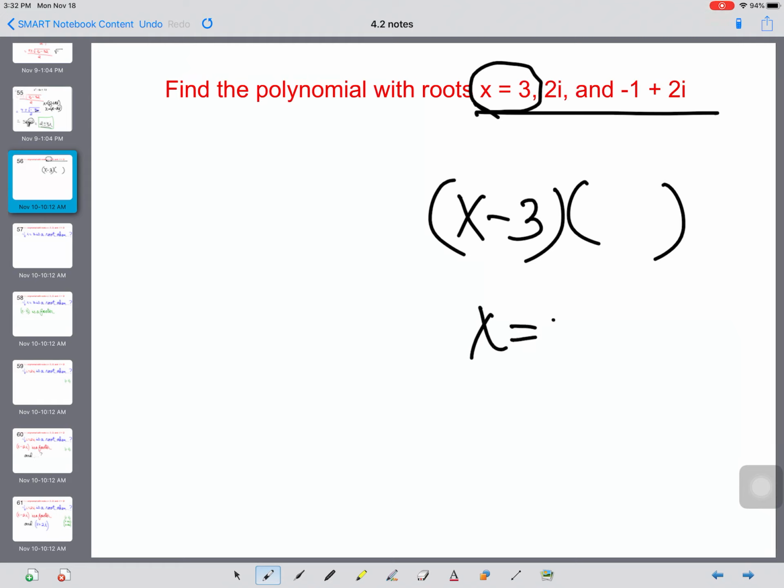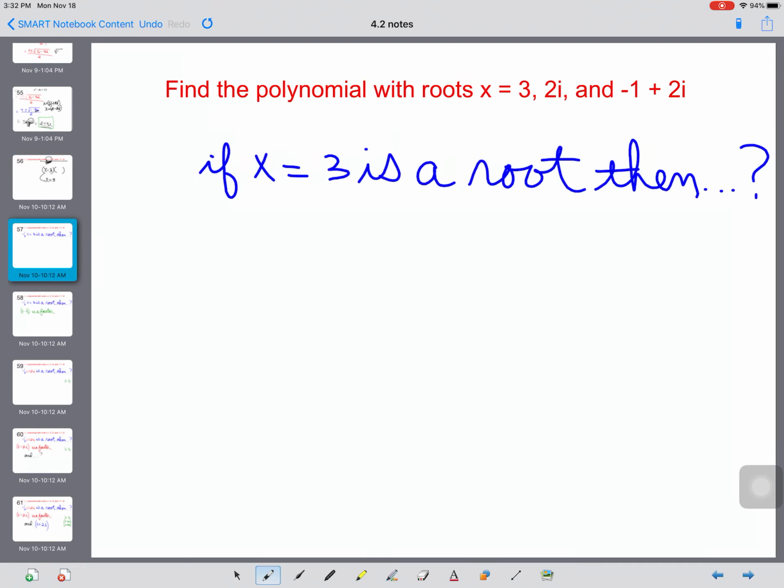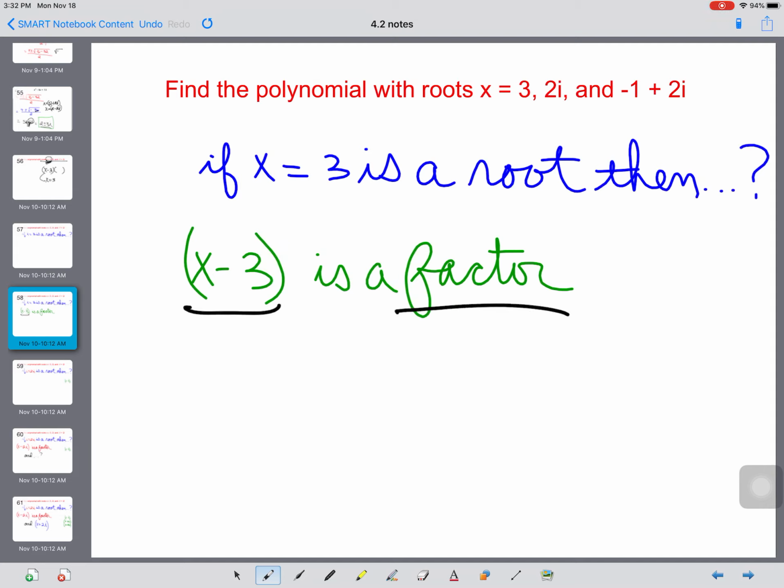Well, that meant that x equaled 3 was a root. Well, we're going backwards. So if x equals 3 is a root, that means that x minus 3 must be one of the factors. And all you're doing is adding that back over to the other side.